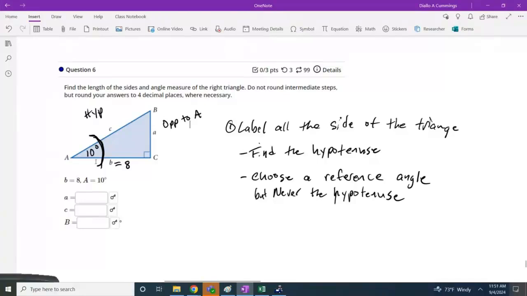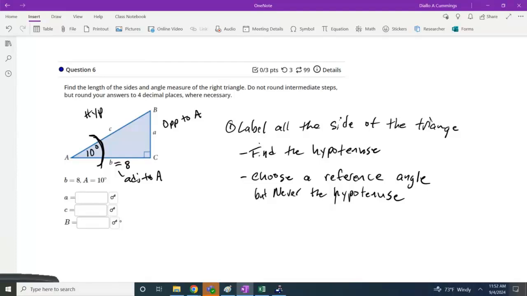B is going to be my adjacent side. So B is adjacent to A. Now, two things are adjacent if they share a common side. For example, this is room 1111. I don't know what that room is next. I think that's 1112.